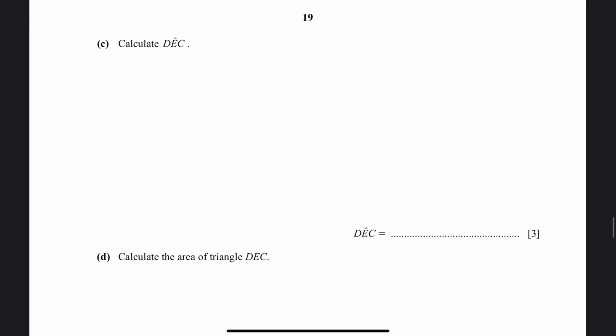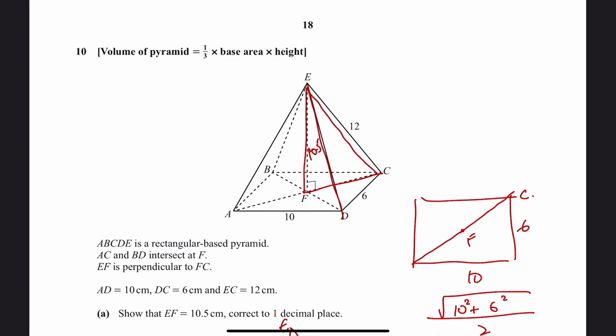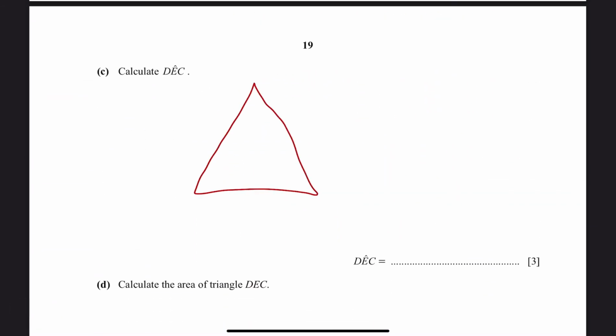Let's just calculate DEC. So this is DEC. I'm going to use the cosine rule.